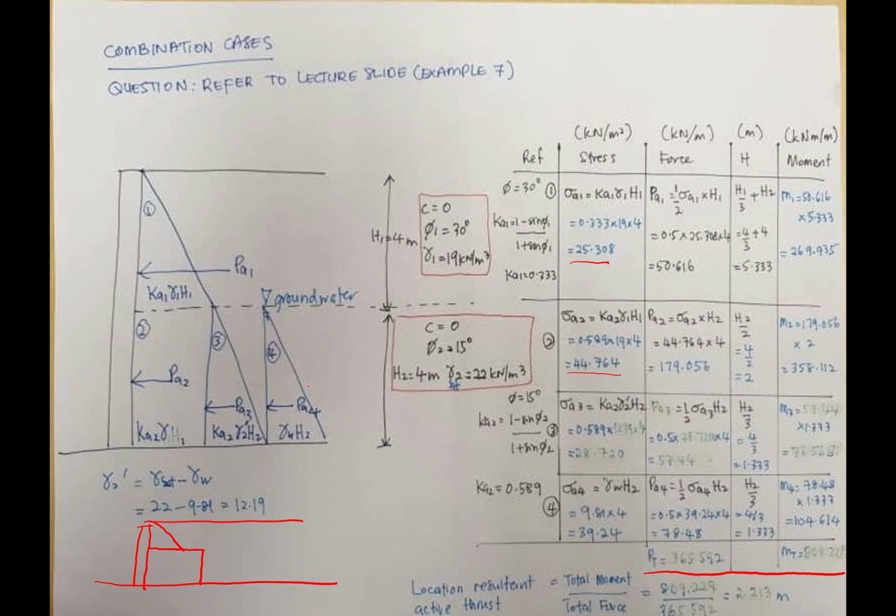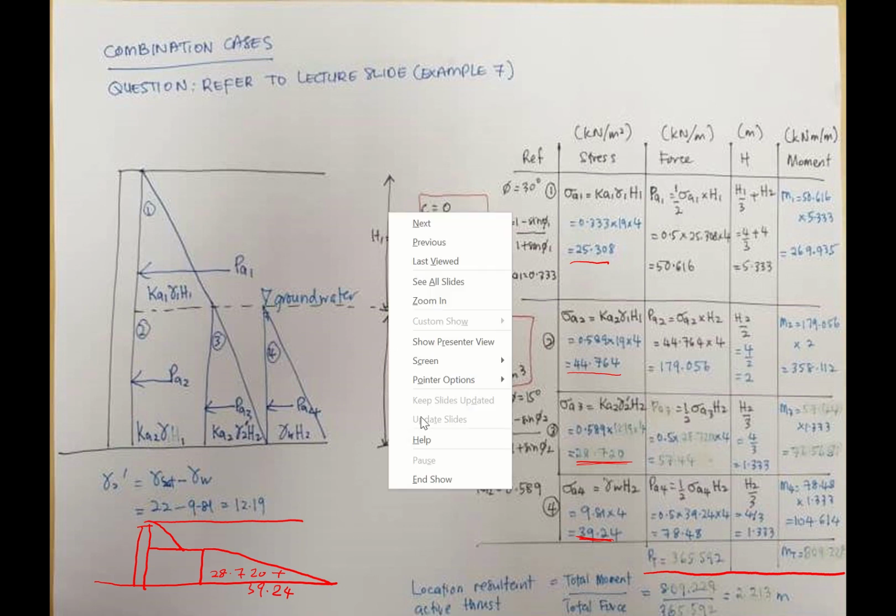So triangular plus triangular, and then you get a bigger triangular. Instead of the value here being 28.720 plus 39.24, it is the combination of these two. So that's why you get a bigger diagram for your triangular section.